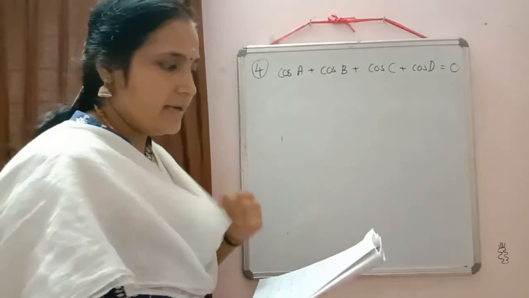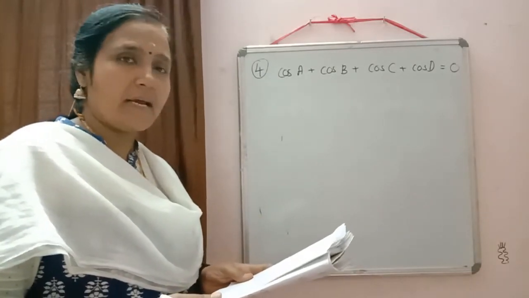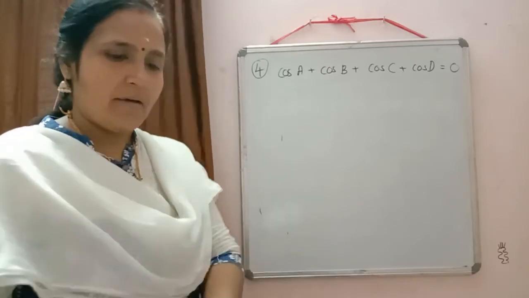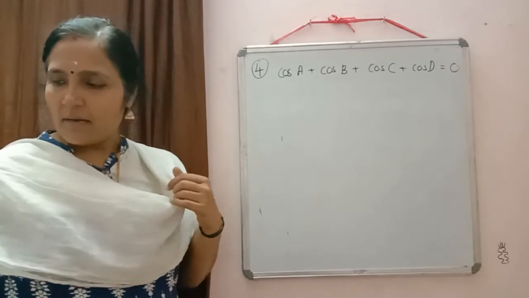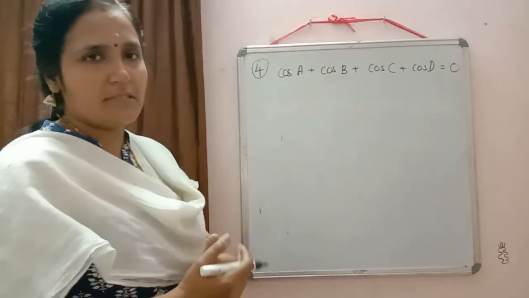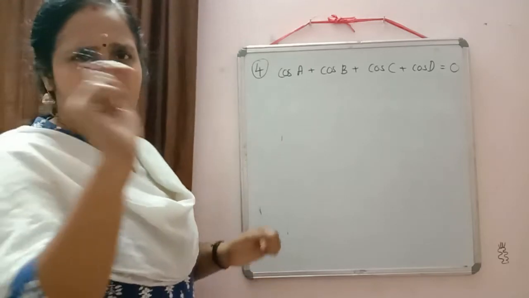It is given A, B, C and D are the angles of a cyclic quadrilateral ABCD. We have to prove cos A plus cos B plus cos C plus cos D is equal to 0.